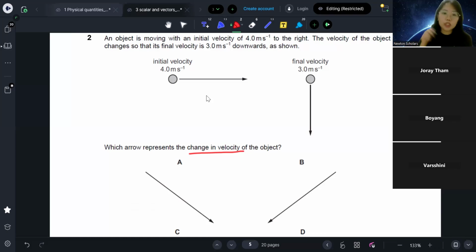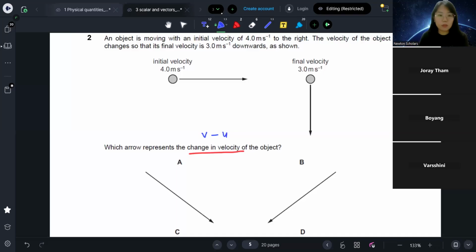Okay, dear. Change in velocity. In our physics, when you want to find change in velocity, we use final minus initial. Am I right? Final minus initial velocity.